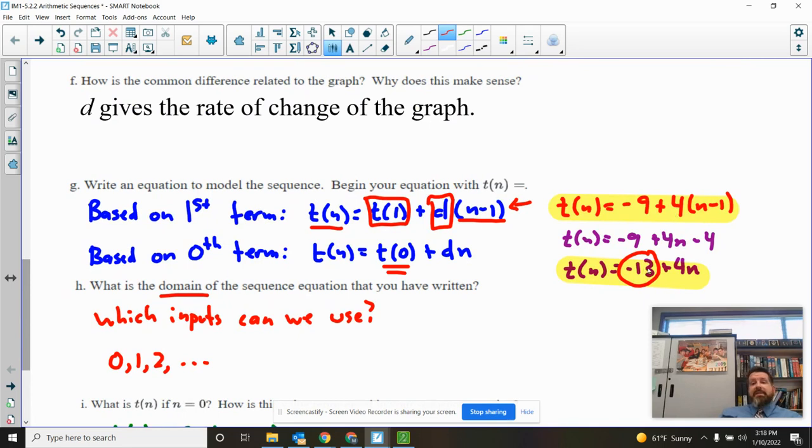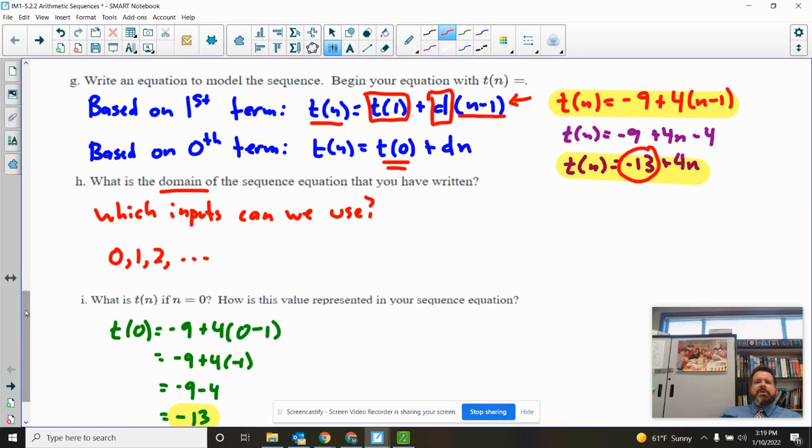If you distribute and simplify, it's going to be this constant that's added at the very beginning here, the -13. So that's why sometimes you refer to that 0th term as a starting point, a start value. It does take a little bit of time and practice to get comfortable with the first term and with the 0th term. But if you stick with me, I promise we can get it done.